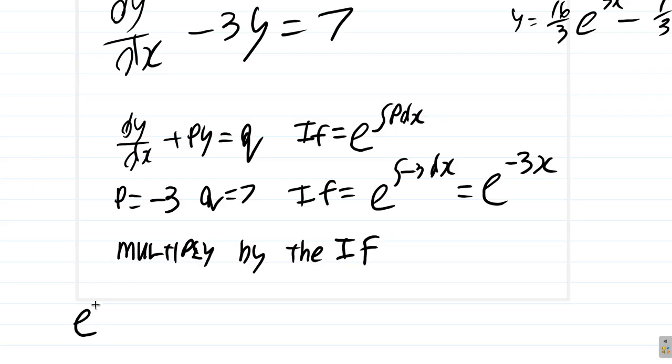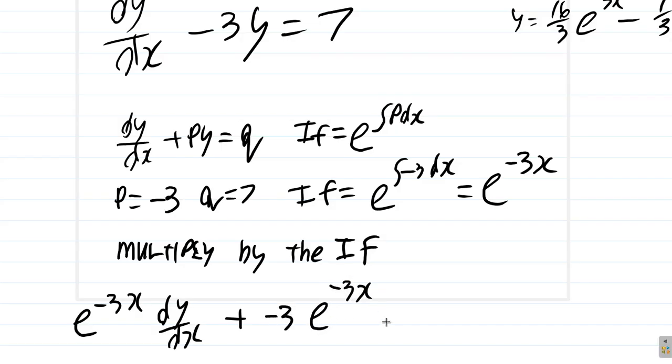So you have e to the negative 3x dy by dx plus negative 3 e to the negative 3x y equals 7 e to the negative 3x. Good.